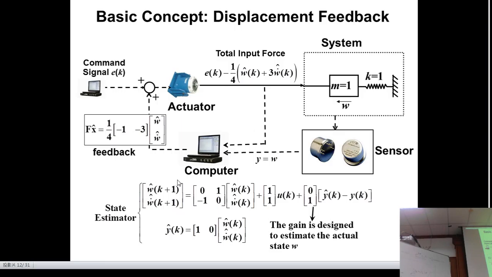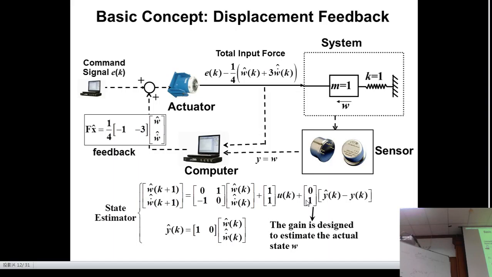This W hat, through this gain G, has an effect to filter out your noises. Understand? So this estimator is like a filter. If you have some measurement error, your estimator will be able to clean up some of your measurement errors.